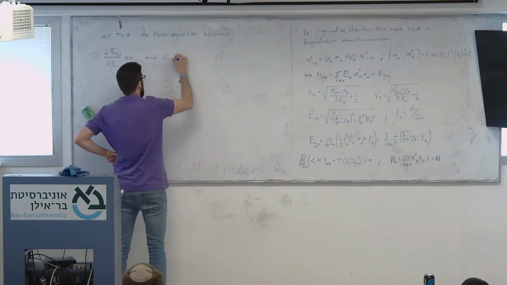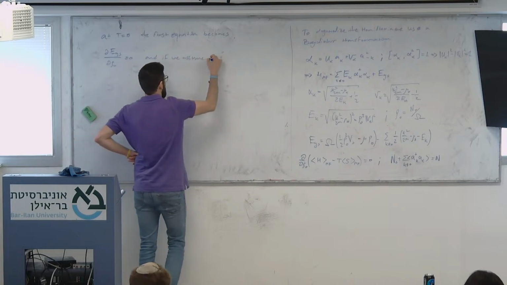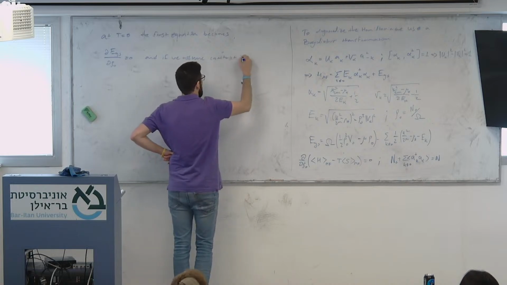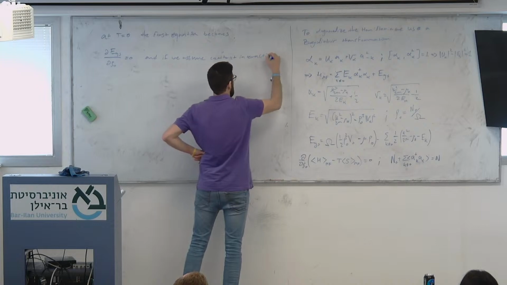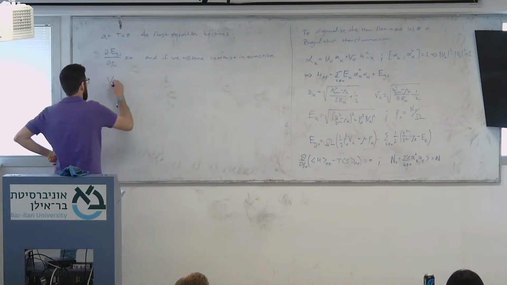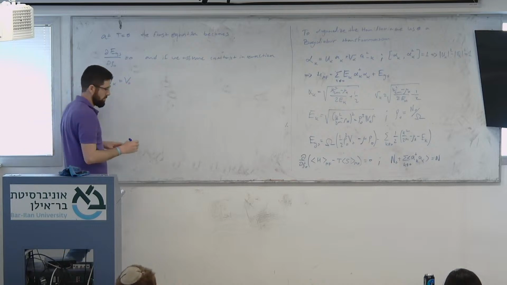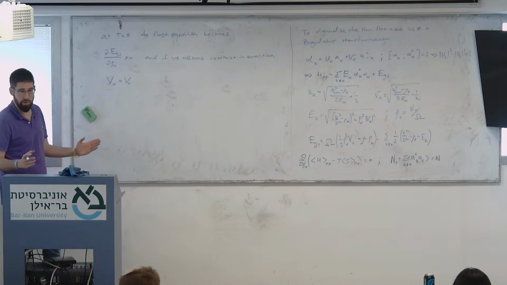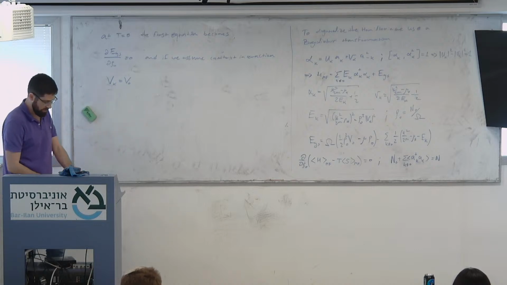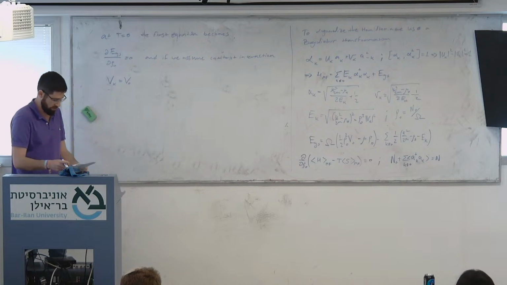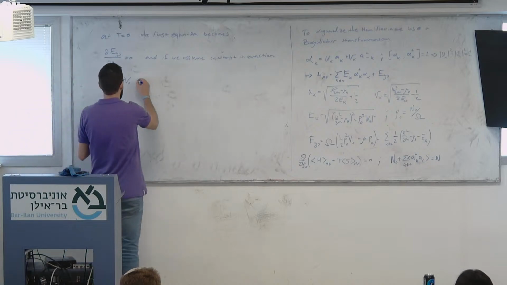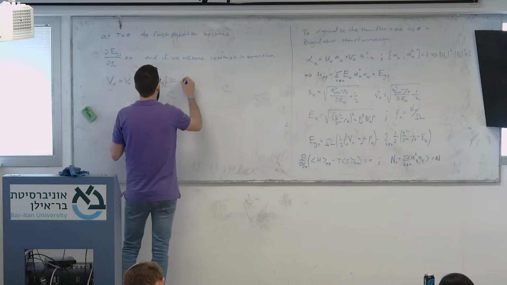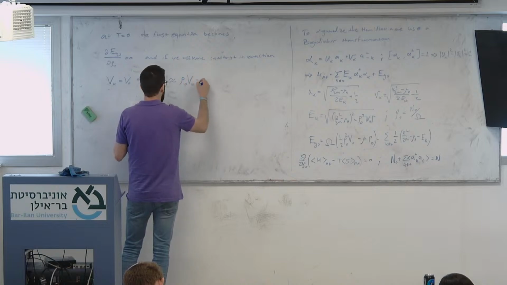And if we assume a contact interaction, meaning that v of k is equal to v naught, basically it means that in real space we have a delta function interaction. In momentum space, we have a constant interaction. Then we get that E ground state is approximately rho naught V naught minus mu.